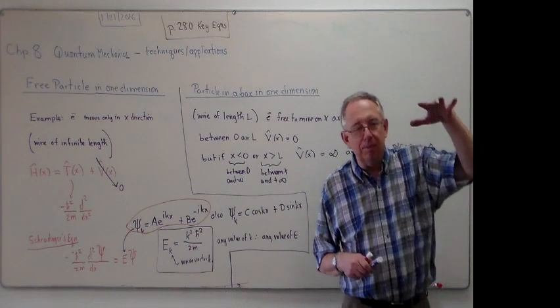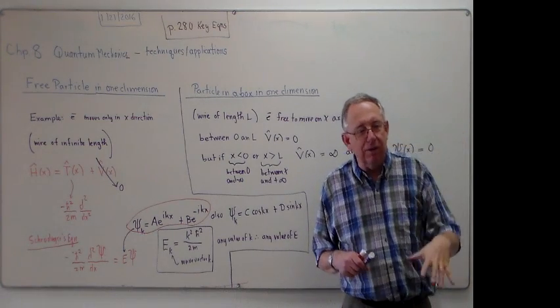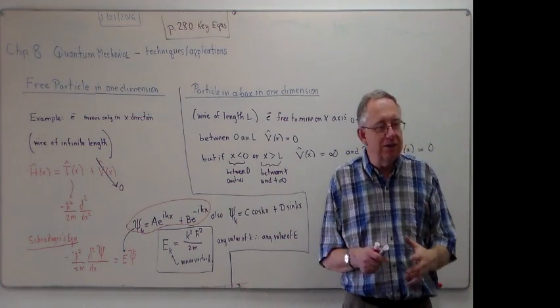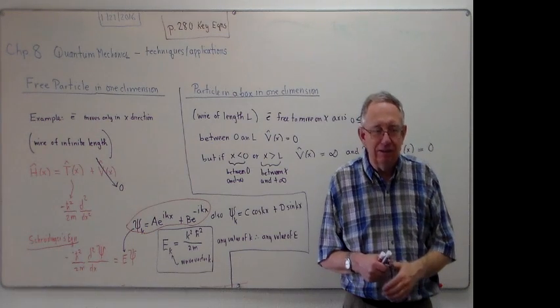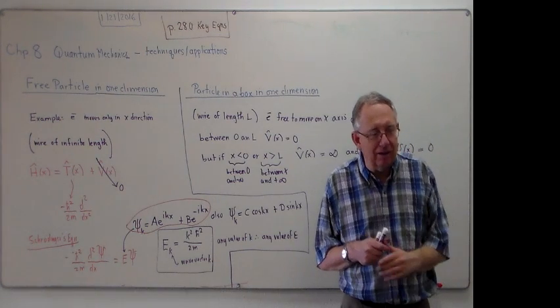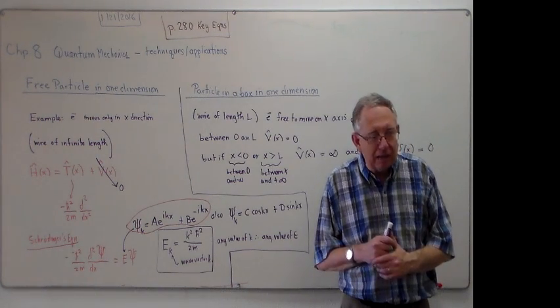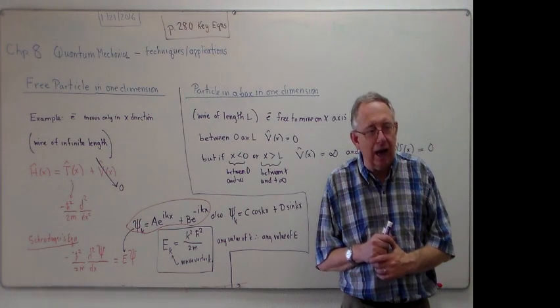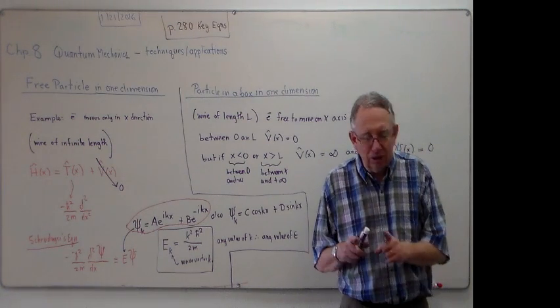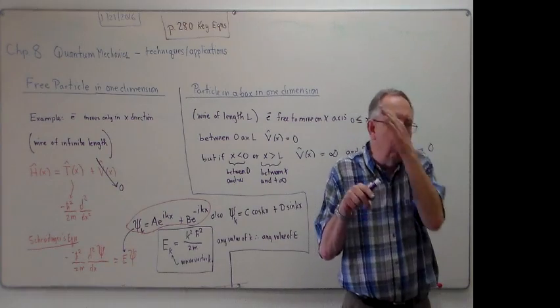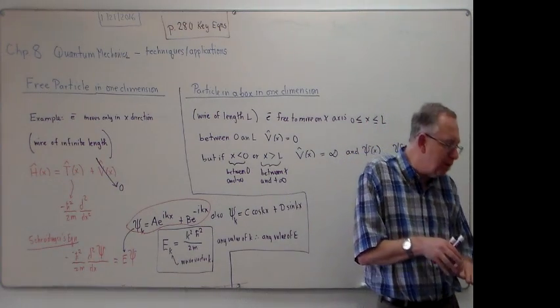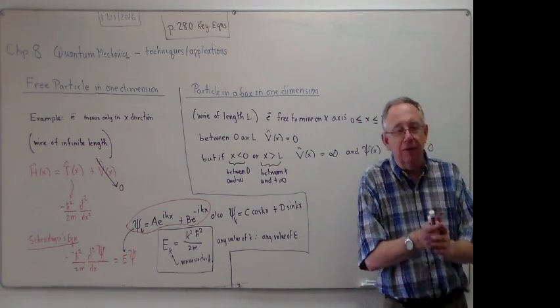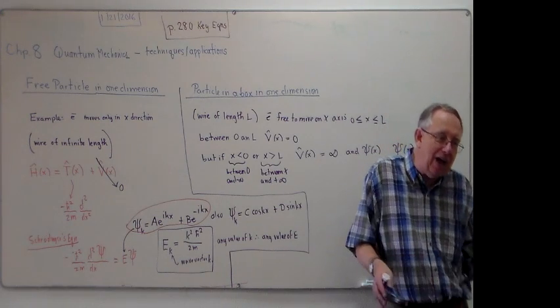If you have infinite potential, there's not enough energy to overcome infinity. Therefore, you can't be there. So there is no wave. It's a maximum security prison. You can't get off the wire. The wave function goes to 0 because the wave function squared is probability, and there's 0 probability of getting outside the well.